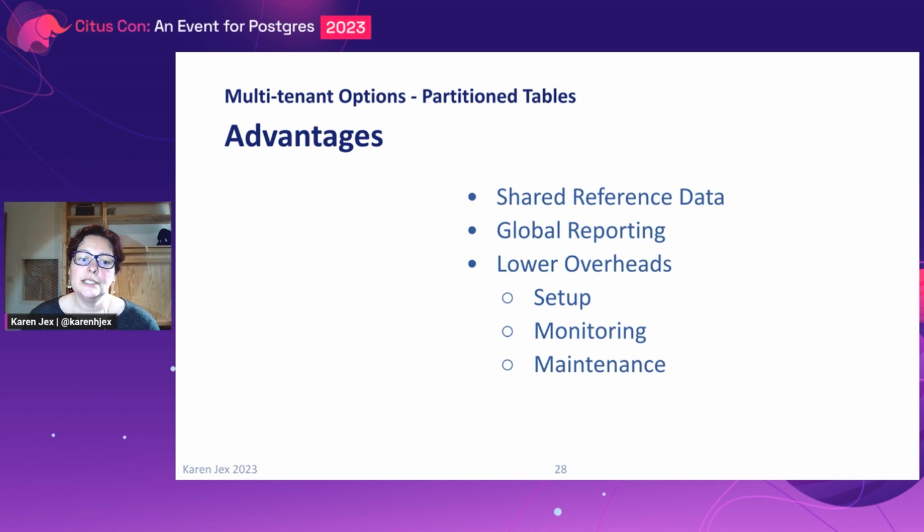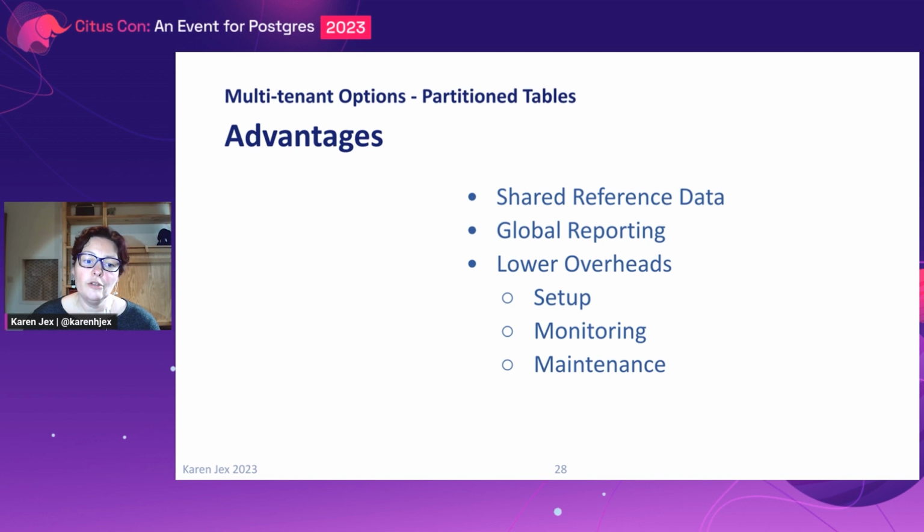So the advantages of this approach, we can easily share our reference data. So we just have that in non-partition tables where the information is available to all of our franchises. We can easily perform global reporting because everything's in a single database and it's all in single tables. So to do global reporting, we just need to do a select from the whole table, not just one of the partitions.